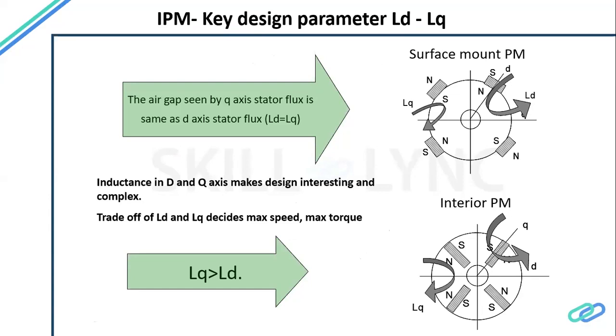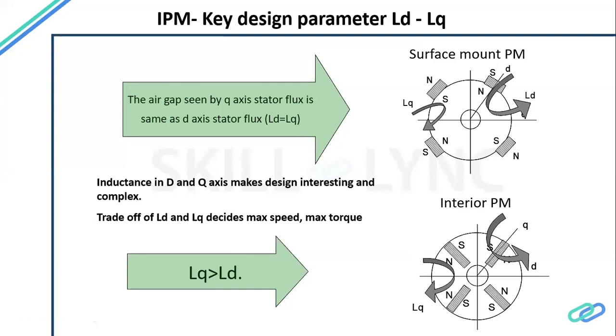IPM, I'm considering IPM as a key player in this, so I'm just trying to focus a little bit here. The interior permanent magnet is very famous because of the saliency that it gives. If you see the inductance of these two paths, that is called the D and Q axis, these two paths give different inductances to the flux.